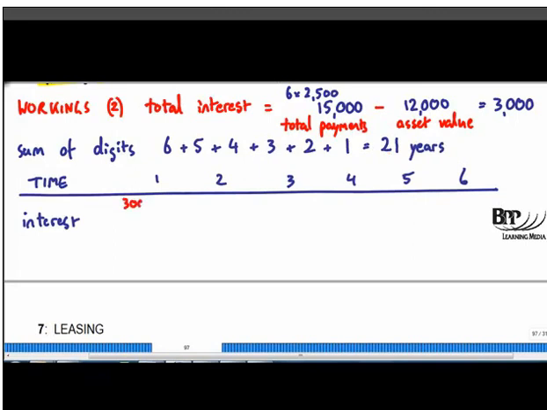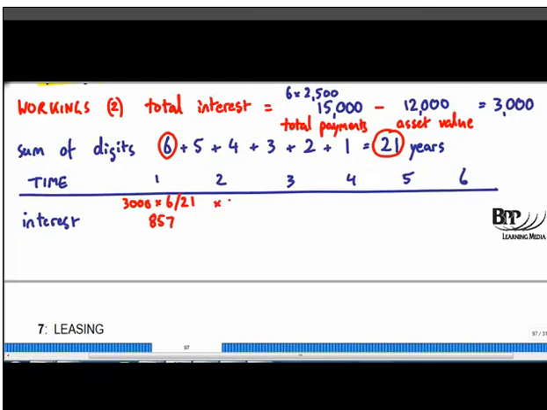We can then take the total interest paid of 3,000, and we can say that 6, being the first digit over 21, the sum of the digits, of the total interest payment belongs to year 1, and that gives me 857.